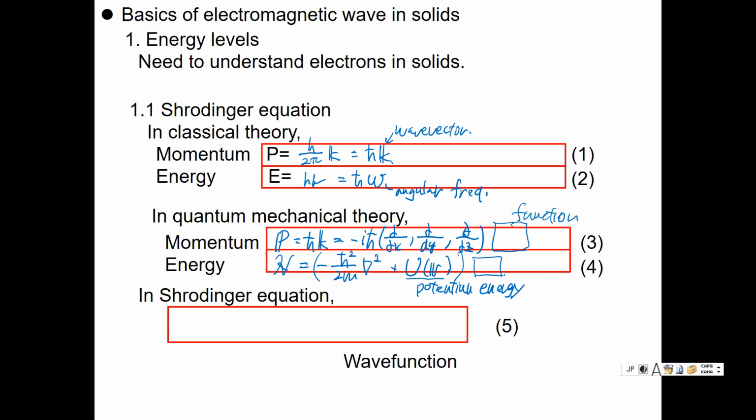And in the Schrodinger equation, this is called a wave function. Once you know the wave function, you can obtain the energy value like this. So this is energy.